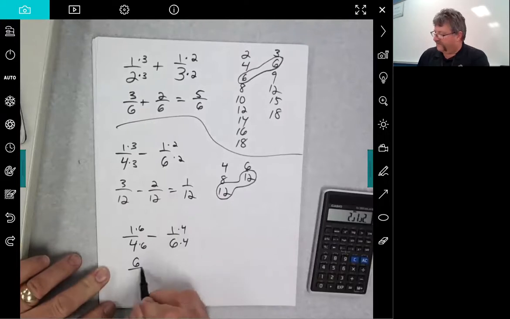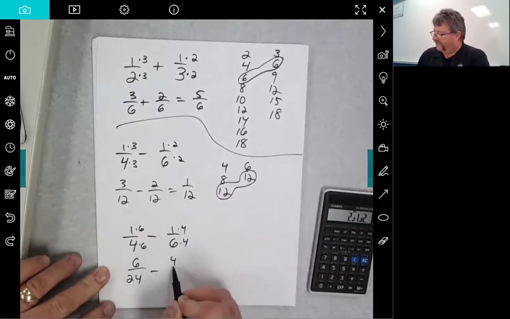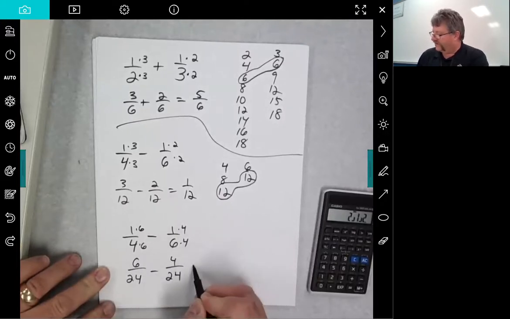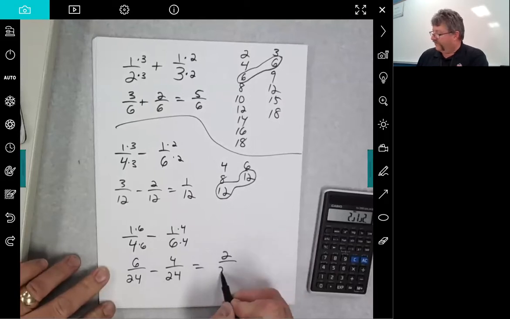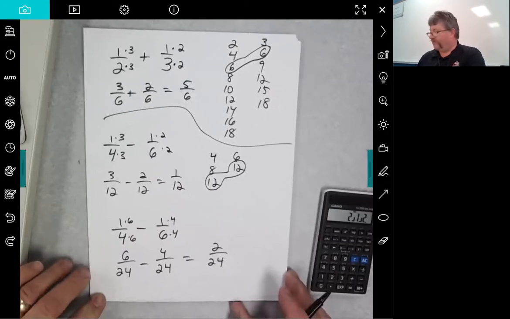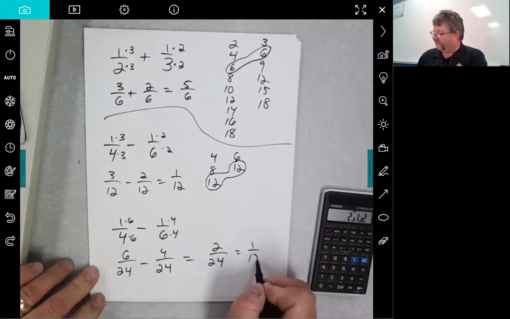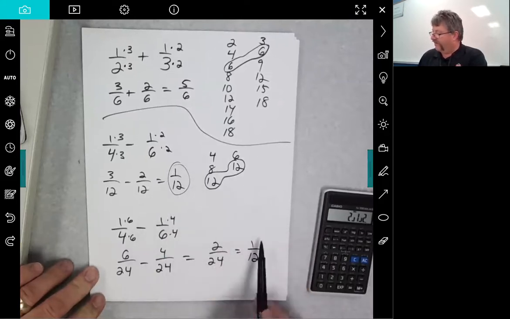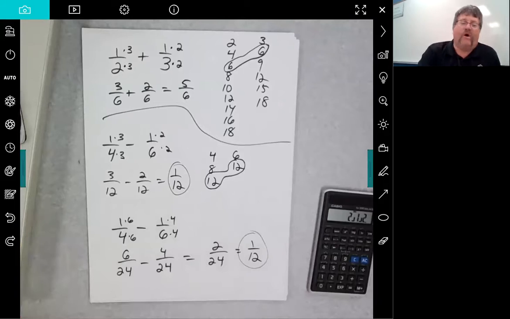So I get 6 over 24 minus 4 over 24, which gives me 2 over 24. But I have to reduce 2 over 24, and that of course reduces to the same 1/12 we got. So it's not wrong to do it that way. It's just not really preferred or recommended because you're giving yourself extra reducing to do.